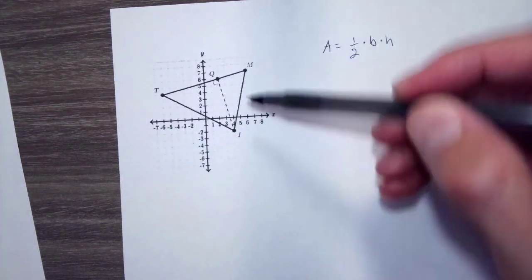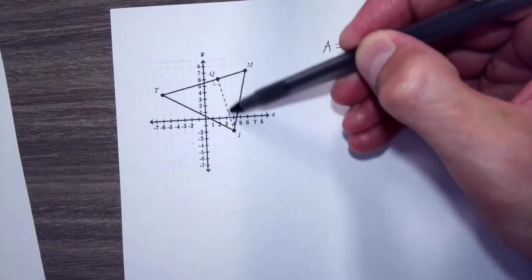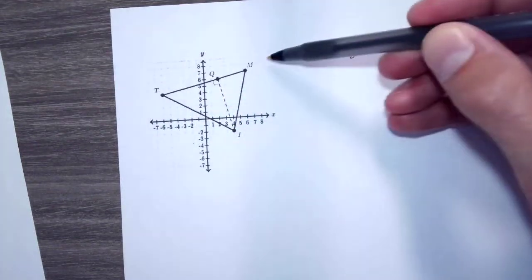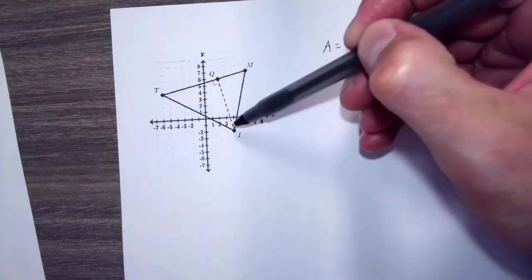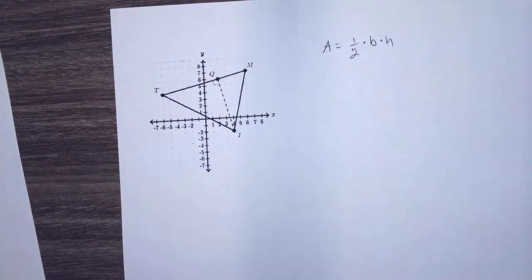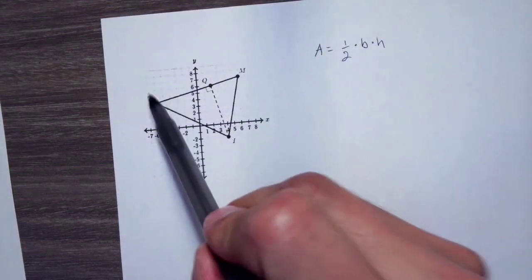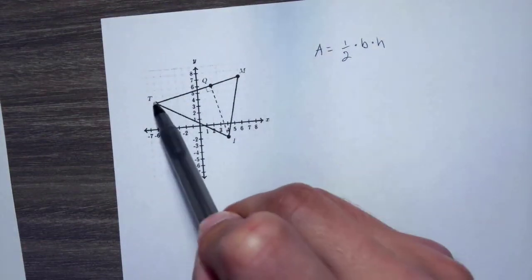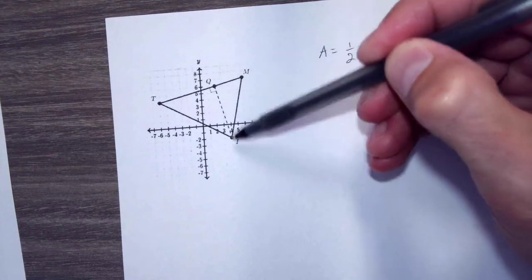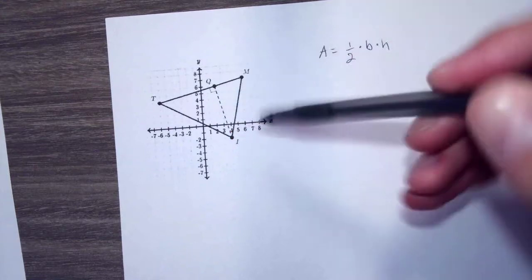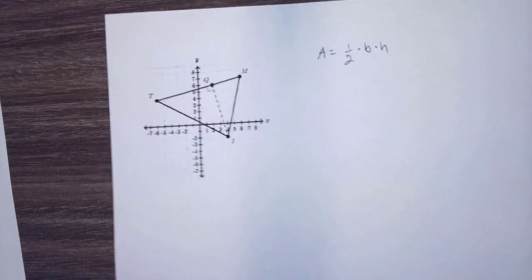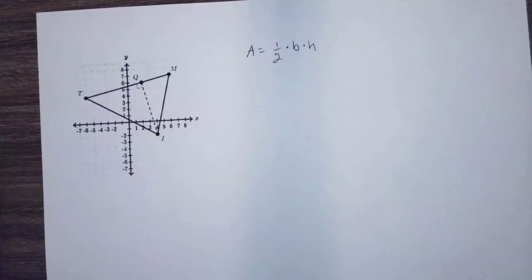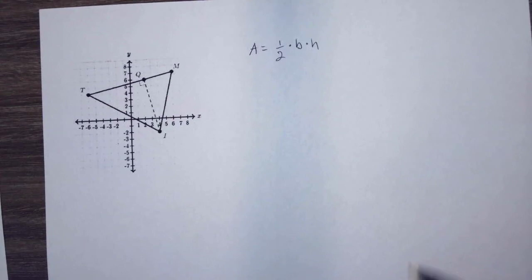I know this just because they give me a perpendicular to that, so that lets me know that this is the base. The height then will be QI, that distance. So I need to figure out this distance using the distance formula and this distance using the distance formula. Then I can do 1/2 times the base times the height, and I will have the area of my triangle. It's a little bit of work, but let's see what it looks like.